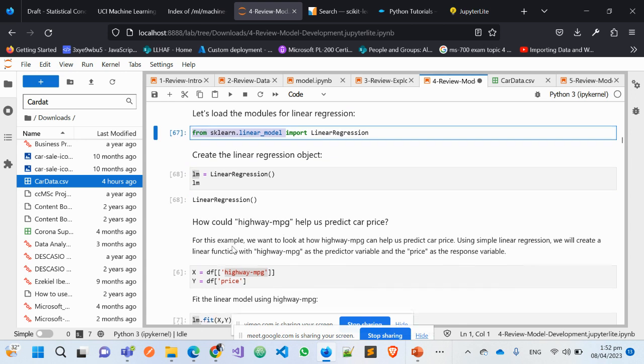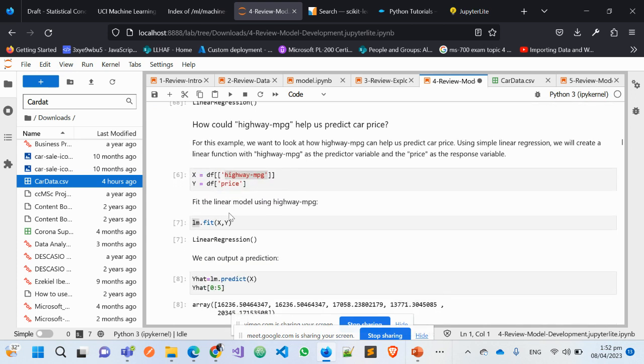Then when we've done that, we'll come to define our variables. Our variables, which is the x independent variable, is in this case we're using highway miles per gallon. And our target variable, which we already know, is price.